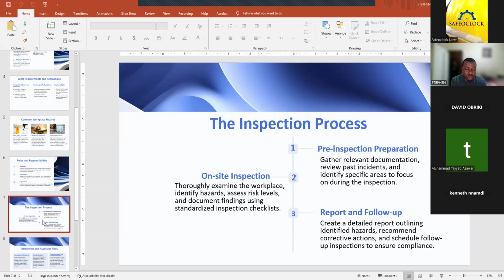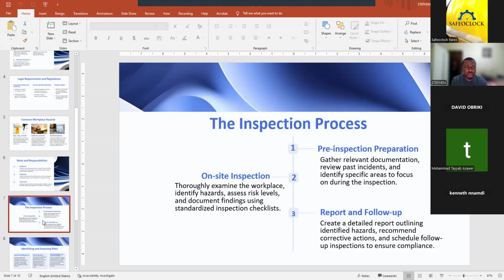For those that require the safety to take action immediately, we are readily available to do that. But there are some corrective actions that require resources which are not at our disposal as health and safety, which will be coming from the top management end. So that might require some time, which will require implementation.